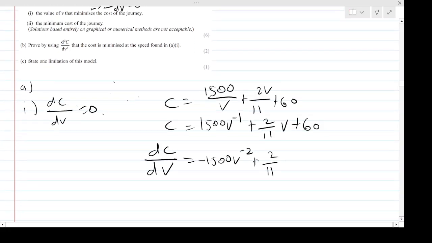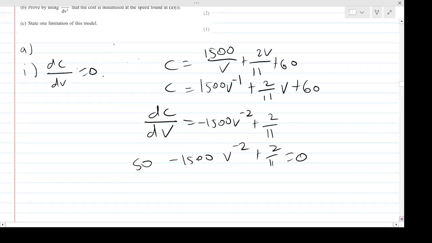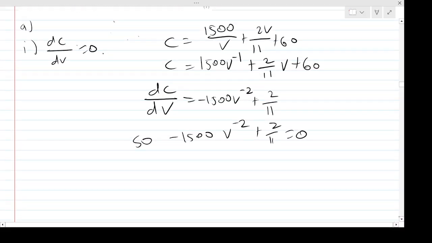So that's my derivative, but then we want to find the minimum, so we need to set it to 0 to give that stationary point. So minus 1500v to the minus 2, add 2 over 11 equals 0. Now I need to solve for v.